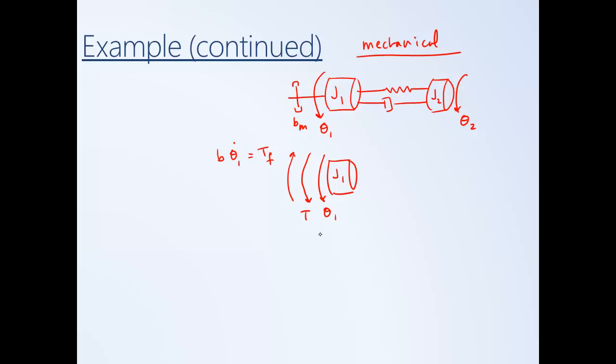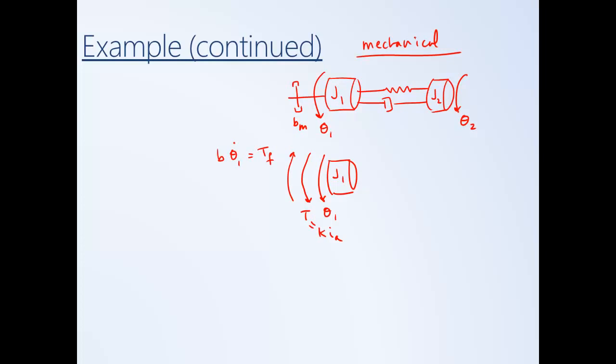The torque itself is proportional to the armature current. In addition to the motor torque T and the frictional torque, we will also have torques applied to the inertia due to the spring and the damper.